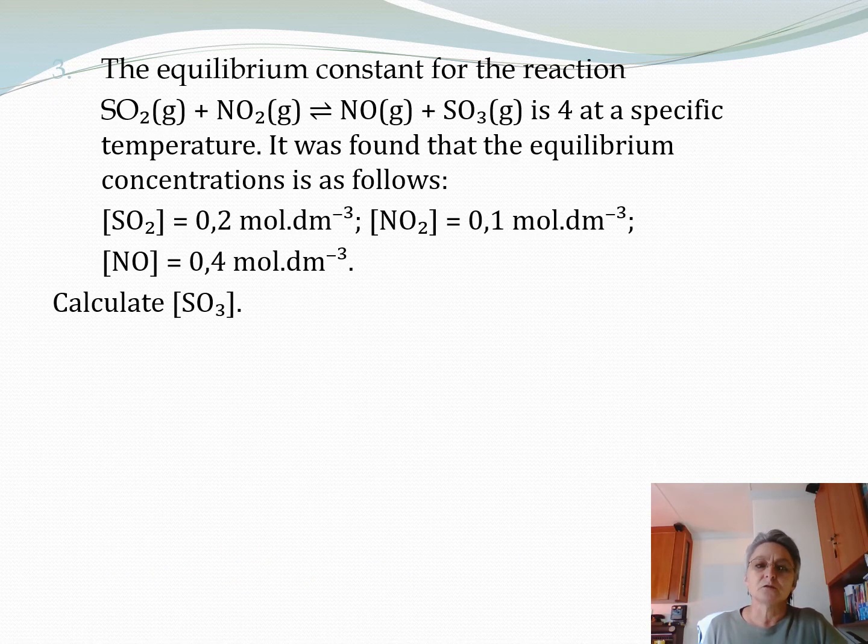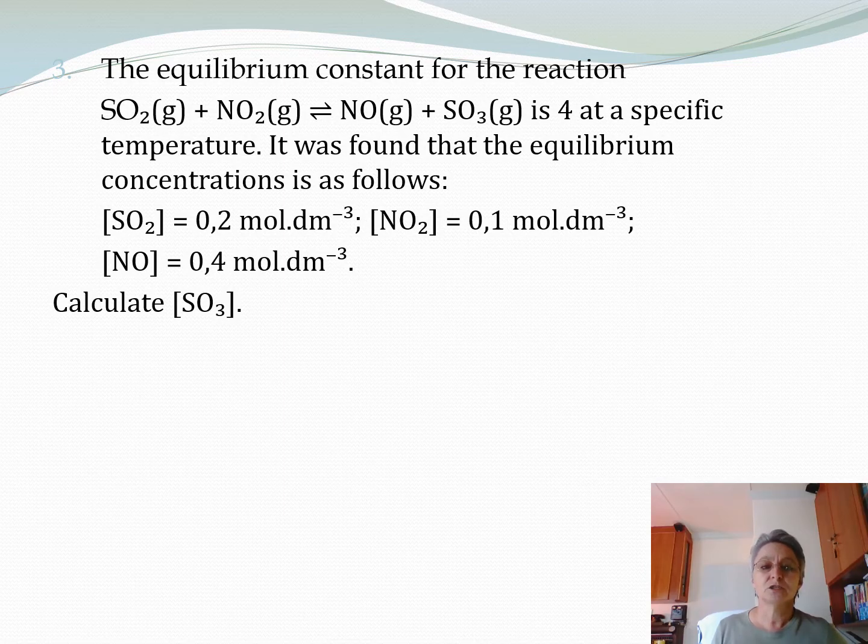Question 3. The equilibrium constant for the reaction of sulfur dioxide reacting with nitrogen dioxide to form nitrogen monoxide and sulfur trioxide is 4. So they give us the value of the equilibrium constant at a specific temperature. It was shown that the equilibrium concentrations are as follows.